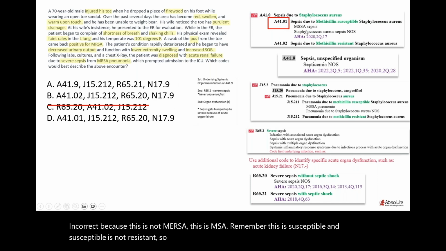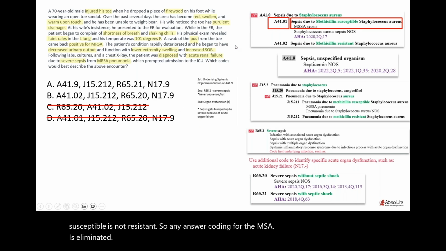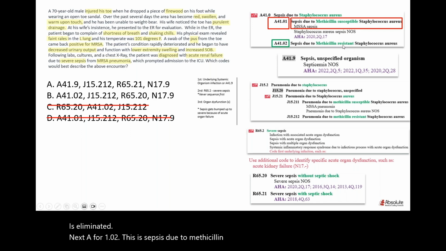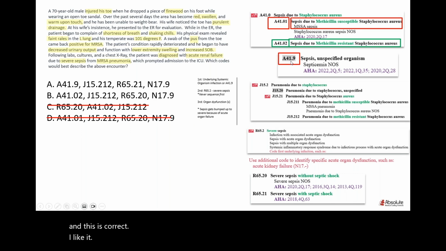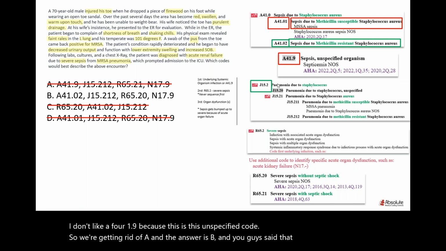So any answer coding for the MSSA is eliminated. Next, A41.02, this is sepsis due to methicillin resistance. This is indeed a combination code, and this is correct. I like it. I don't like A41.9 because this is an unspecified code. So we're getting rid of A. And the answer is B, and you guys said that all day long.